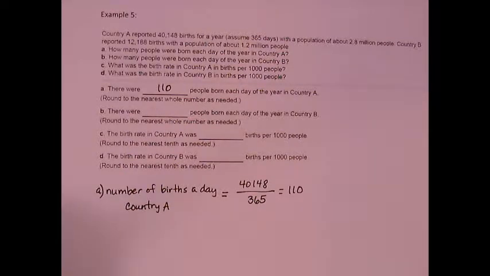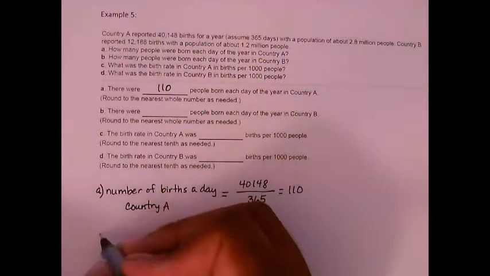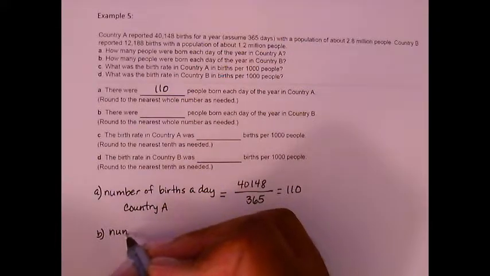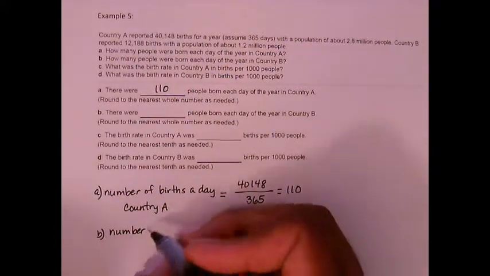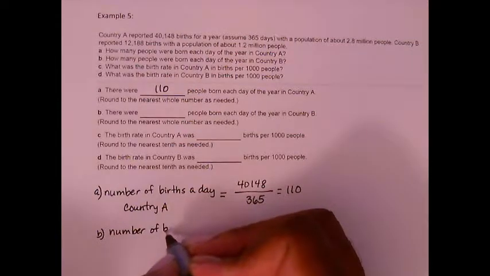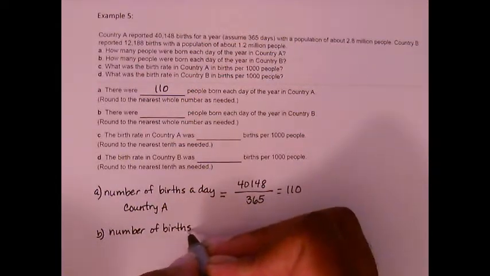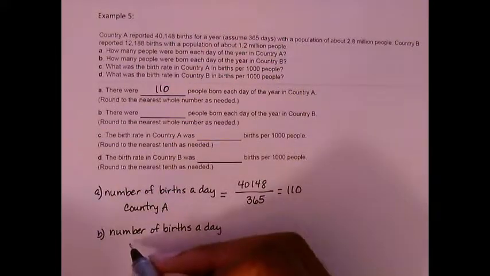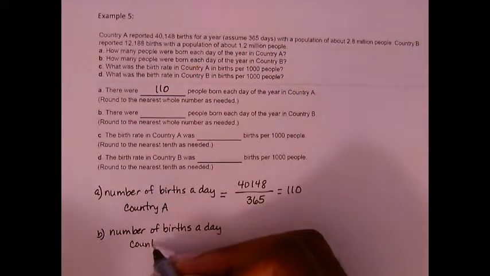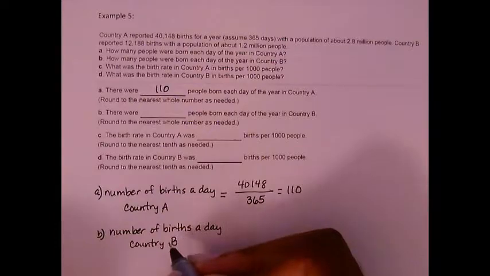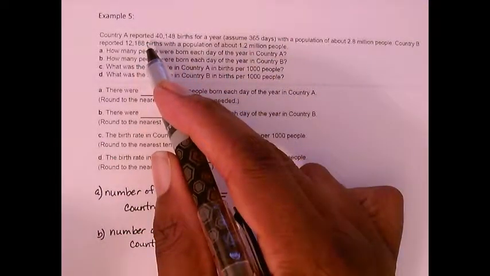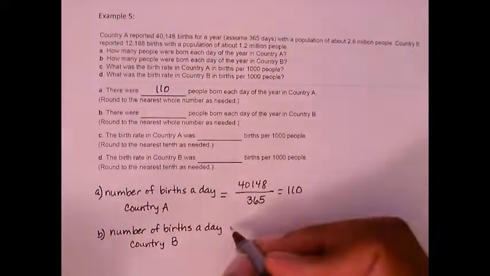And then part B, how many people were born each day of the year in country B? Here we do the same thing as we did in part A. We're going to find the number of births a day in country B. Country B has reported 12,188 births.